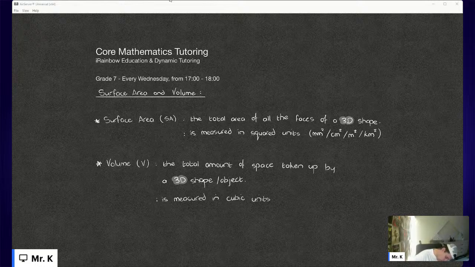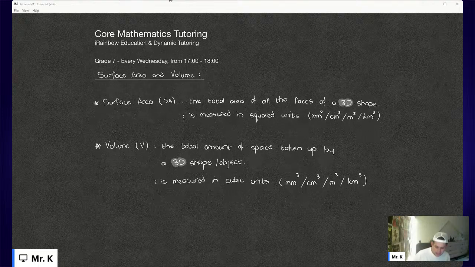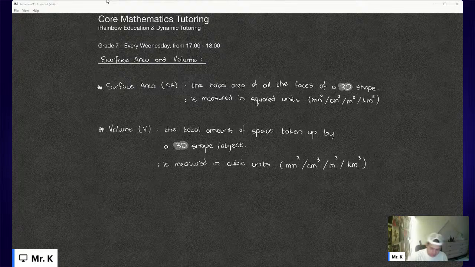Right? What are cubic units? Millimeters cubed, centimeters cubed, meters cubed, or kilometers cubed. Why is there a little 3 that we call a cube symbol?